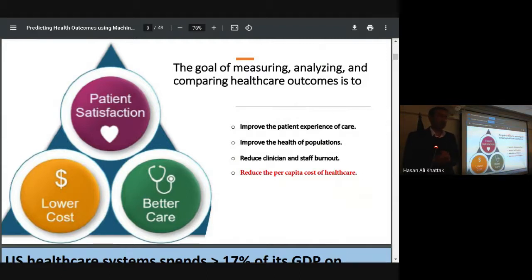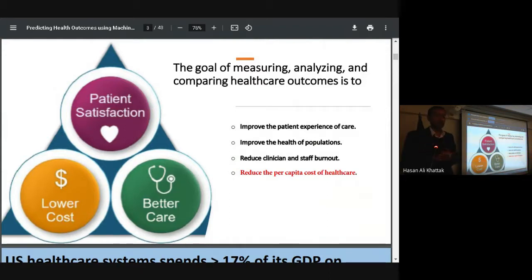And last but not least, how we can reduce the per capita cost of healthcare. Lowering the cost is in the interest of patients, doctors, hospitals, the public, and the federal government.